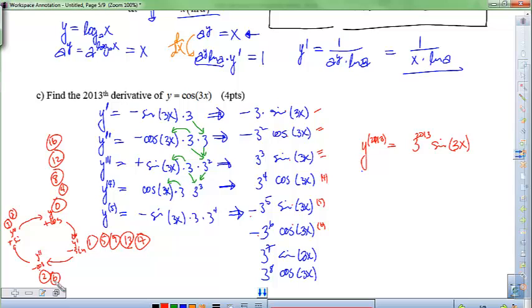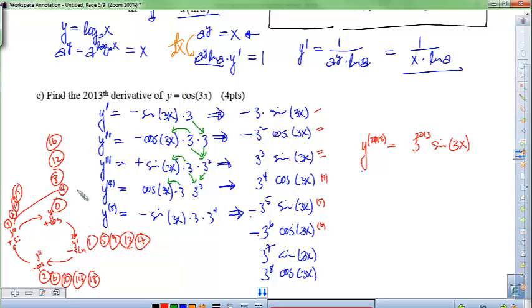Over here, 2 plus 4 is 6, plus 4 is 10, plus 4 is 14, plus 4 is 18. Over here you've got 3 plus 4 is 7, plus 4 is 11, plus 4 is 15. And then you can see how this follows along.